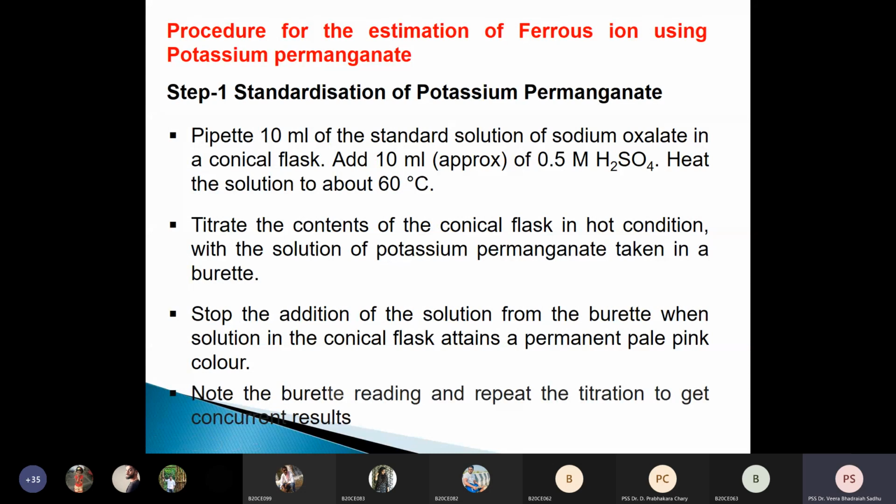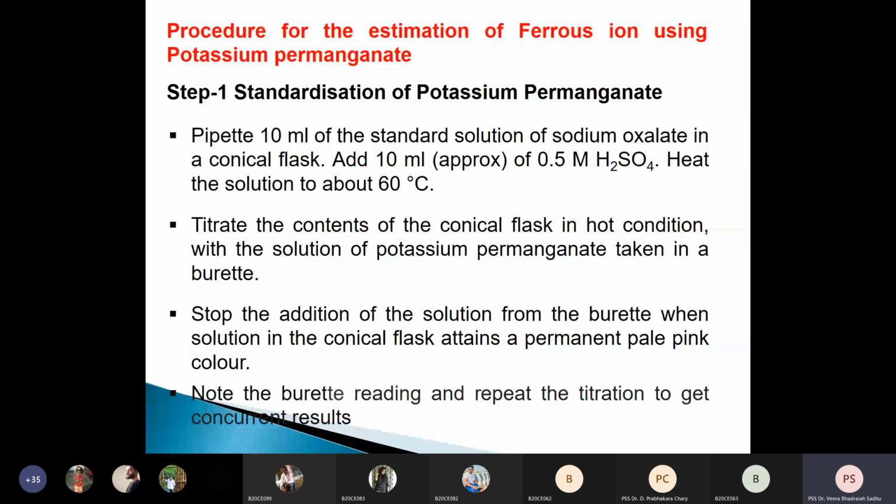KMnO4. So what is the indicator we have to use, since it's a titration technique? You have to determine the end point. So how do you determine the end point here? What is the indicator we need to use? We already know about the indicators based on pH values, acidic indicators and basic, methyl orange.